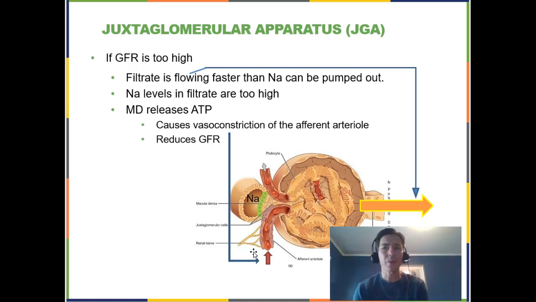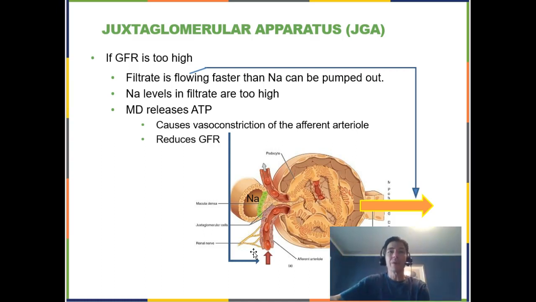So then, how does it work? Bearing in mind that it is also trying to match your filtration rate to your tubular reabsorption and tubular secretion so that your pumps and channels in the tubules can run on autopilot, and what is adjusted is your glomerular filtration rate or the pressure in your glomerulus.